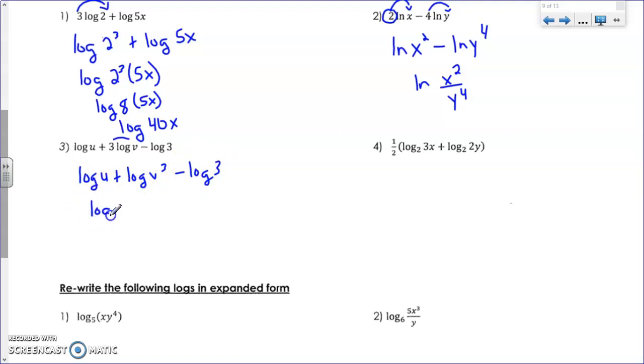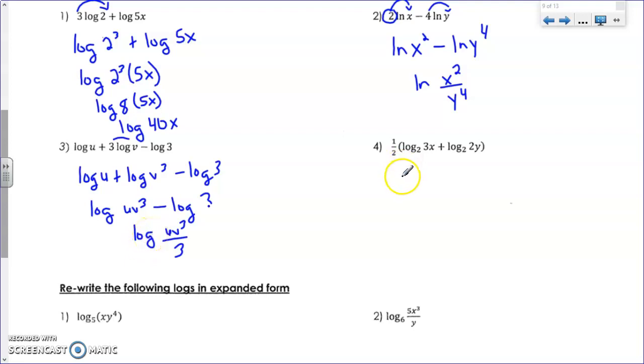So that's going to become 1 log, and that's going to give me uv to the third, minus log of 3. Now we have this minus, so that's going to be dividing. That pulls those logs, we're going to condense that to 1. uv to the third divided by 3. So that would be my final answer when I get down to 1 log.